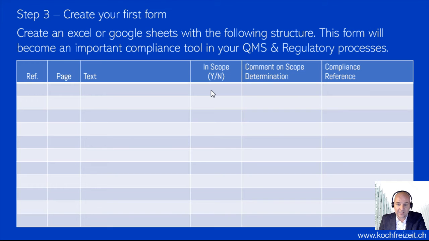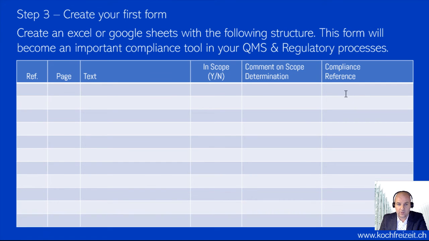The majority of it is going to be in there, but there are certain sections which may not be applicable to you, and you can say they're not in scope and then give a comment on why. And then ultimately, what we're looking for in this compliance template is a reference to your quality management system on how you've addressed that requirement.